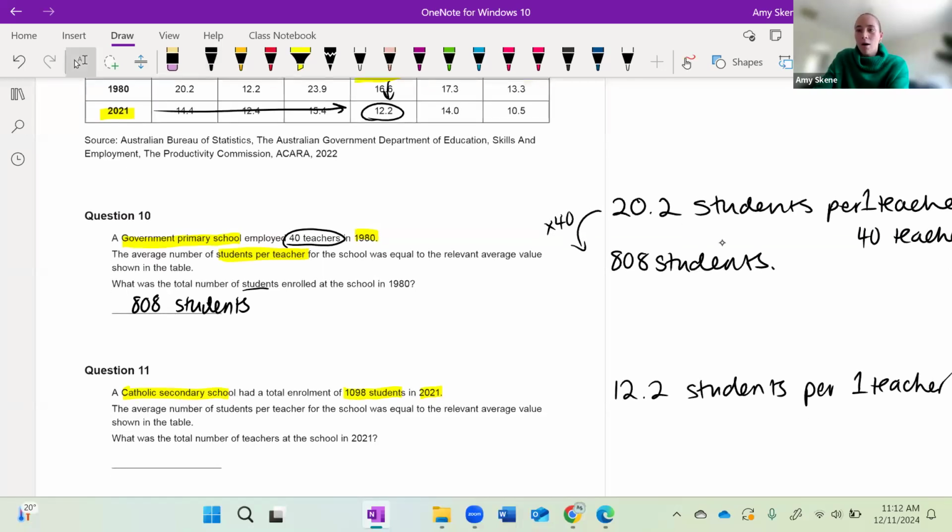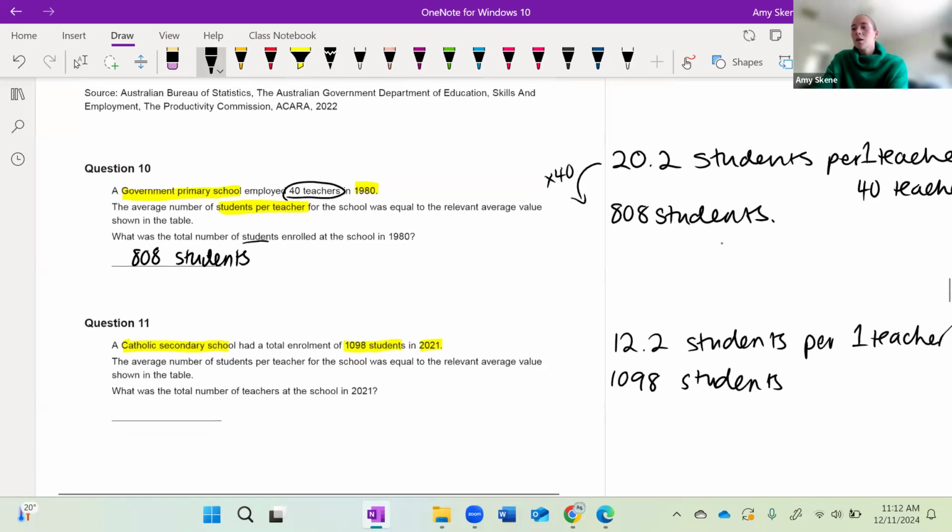Now in this case, I have 1,098 students. So I'm going to write that directly under the students, not the teachers this time. To be able to go from 12.2 to 1,098, I need to think about what I can multiply it by. To save myself the trouble of figuring that out, all I have to do is just do the opposite. 1,098 divided by 12.2 is going to give me 90.